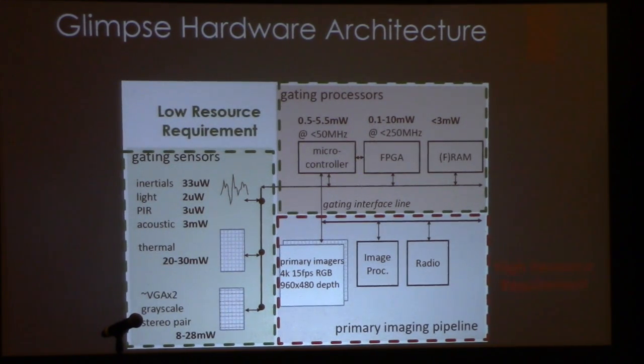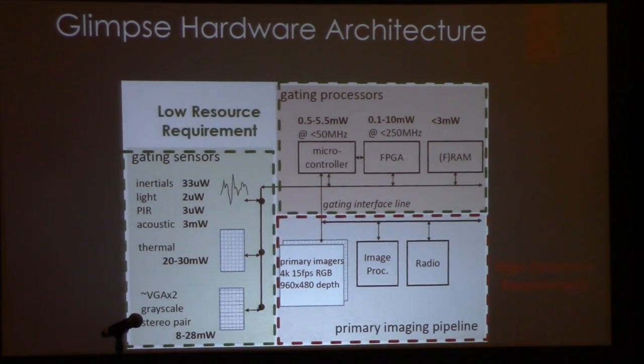Glimpse leverages a variety of low power sensors, including thermal, accelerometer, gyroscope, and also some imagers, including a thermal imager and a stereo pair of RGB cameras.